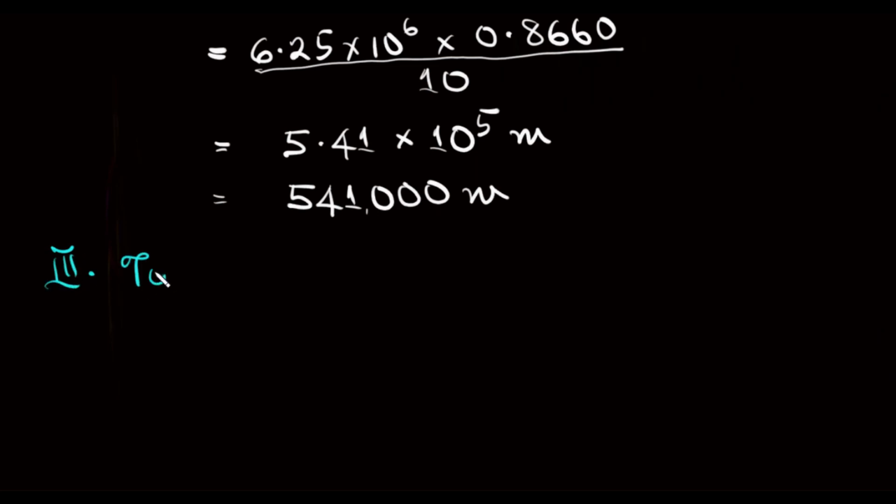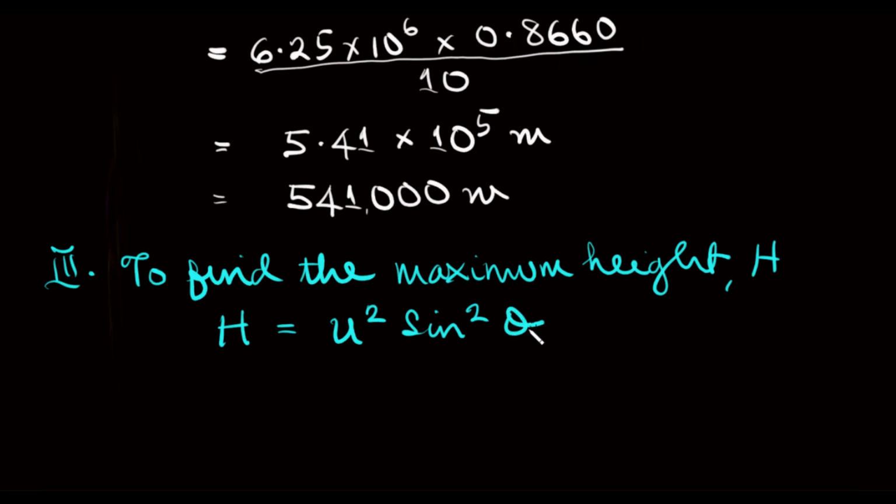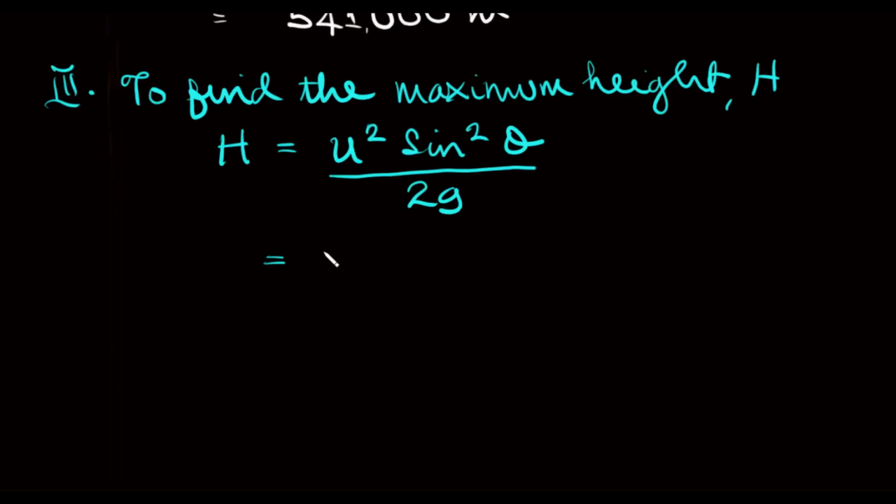Lastly, we are told to find the maximum height. I will make use of the formula for maximum height, which is h equals u squared sine squared theta all over 2g.